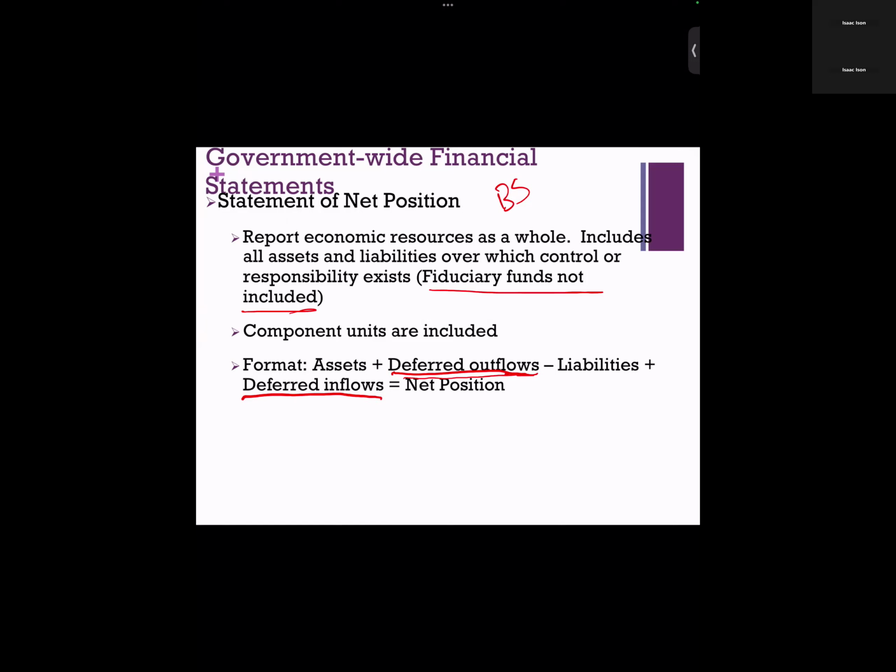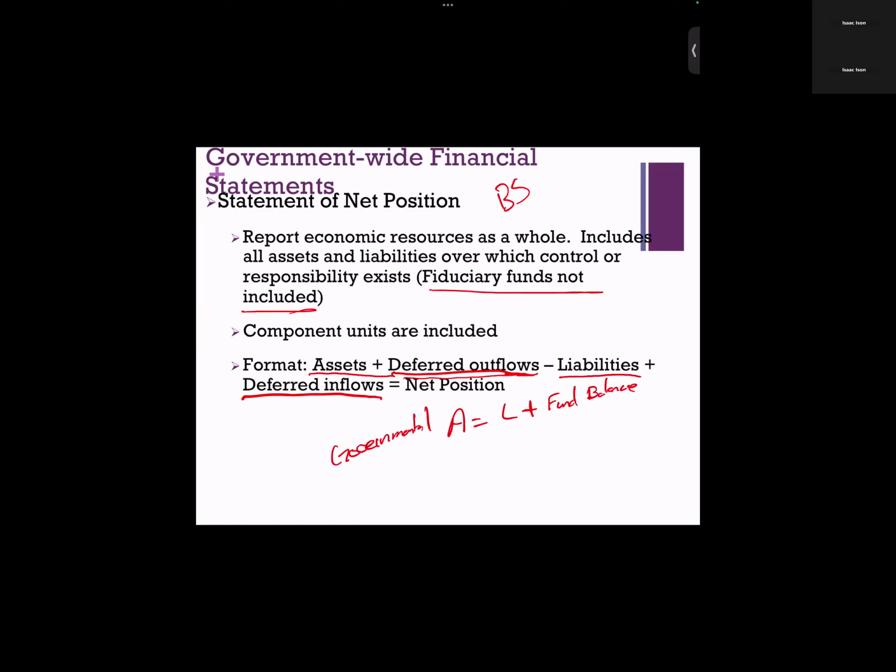So the format, if you look at this, is assets minus liabilities equals net position. Remember, your normal accounting equation is assets equals liabilities plus equity, but we don't have equity because it's a government, so it'd be plus fund balance. This is governmental.